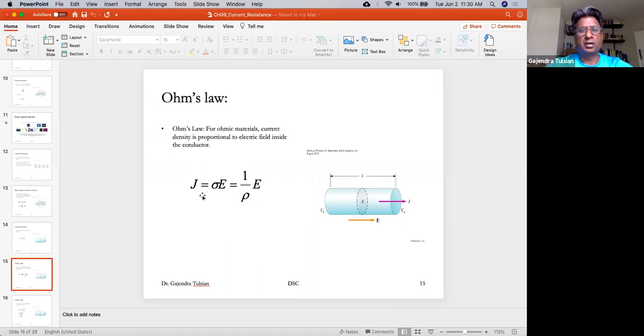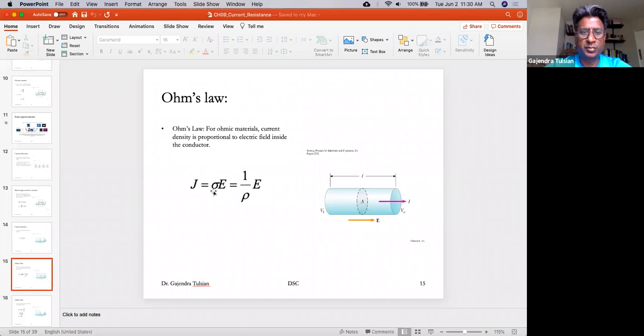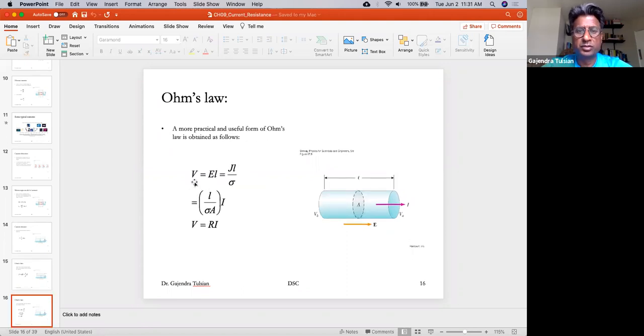All right, now it turns out that it's hard to measure current density and the electric field using macroscopic instruments. What is easy to measure is the voltage across a wire and the current flowing through a wire. So we'll write this relationship in terms of quantities that are easier to measure rather than electric field and current density.